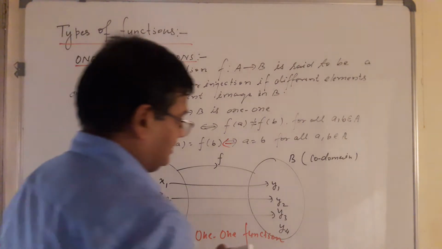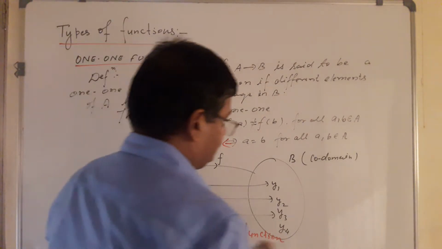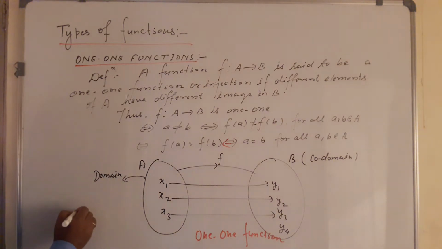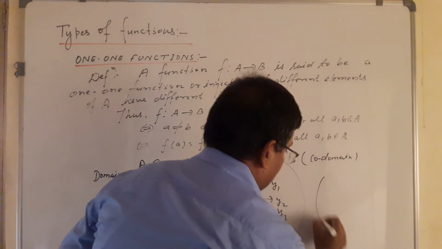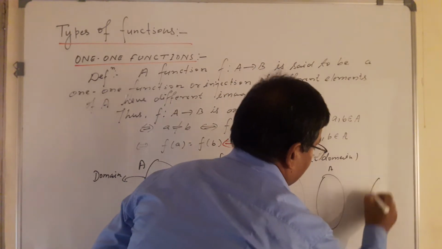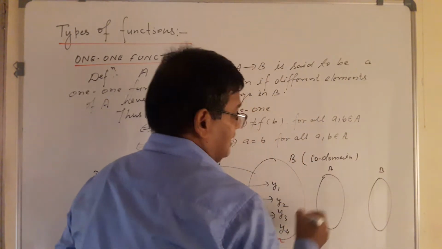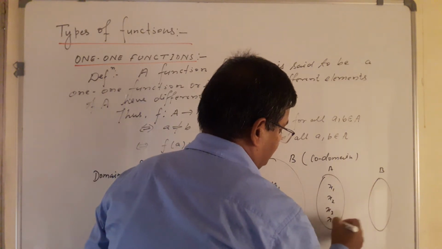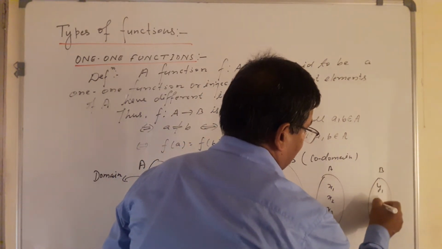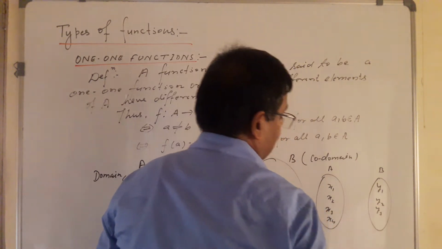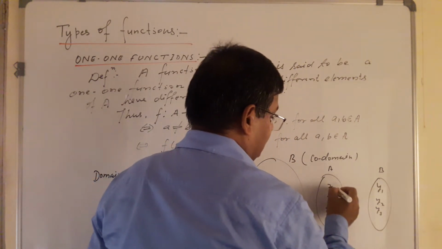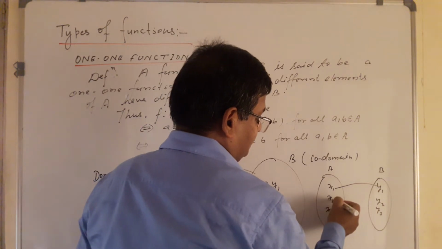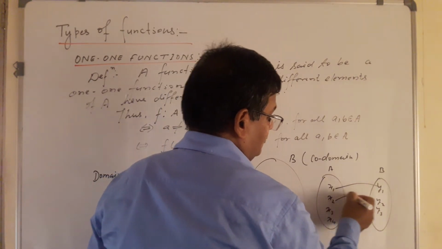If I write another example, suppose this is a set A and here set B, with x1, x2, x3, x4 and y1, y2, y3.